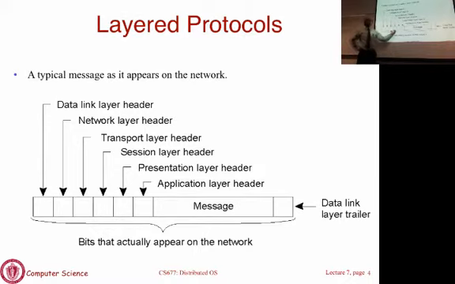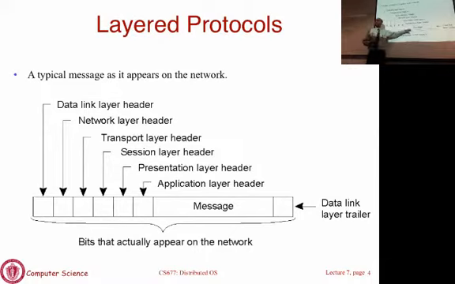If you hand it to TCP in the TCP/IP stack, it will take the message and stick a TCP header onto it. When you hand it to IP, you will add an IP header. The IP header will include the source IP address, the destination IP address, the source port number, destination port number. All of that information will be in the header information.